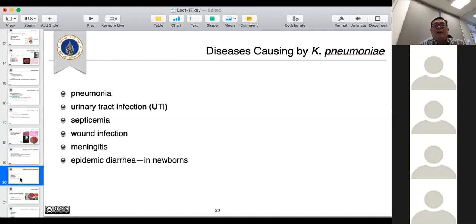Klebsiella causes disease in a wide spectrum: pneumonia, UTI, septicemia, wound infection if the wound is not clean, and septicemia can lead to meningitis and diarrhea in newborns.